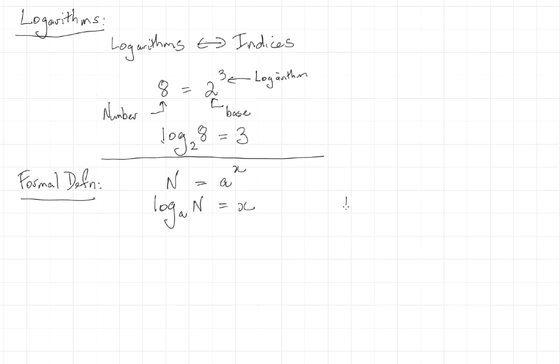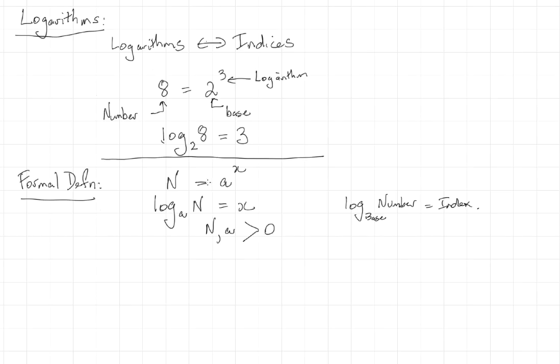So it's written log base, number, equals the index. If we go back to that example there, the base, number, and index. This is a definition. We also should note that n and a have got to be greater than 0.